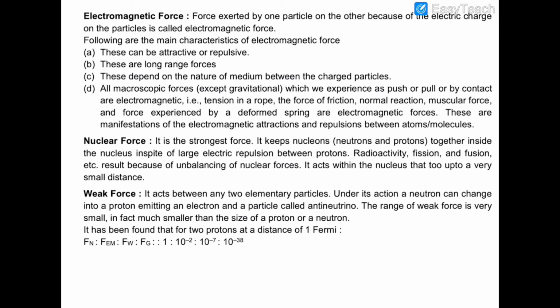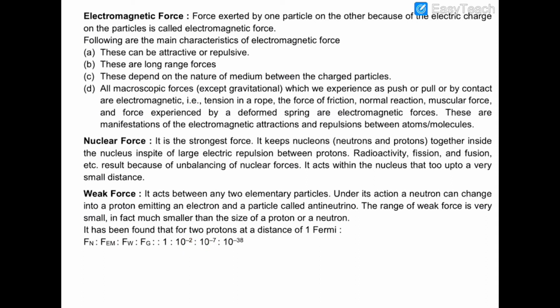Okay, so if we find the ratio of nuclear force, electromagnetic force, weak force, and gravitational force, we'll find that the strongest force is the nuclear force, and electromagnetic forces are 100 times smaller than nuclear force.